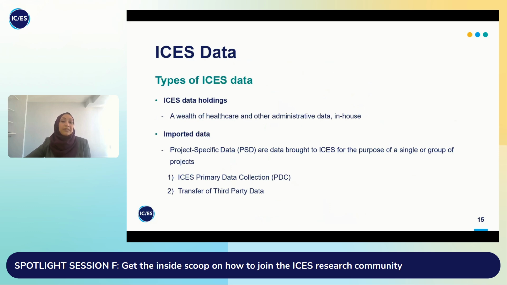These data are brought into ICES for the purpose of a single project or a group of projects to use. And these data can be collected through primary data collection at ICES. So an example of that would be conducting a hospital chart abstraction study. So if it's say a cancer project and the investigator wanted more complete information on tumor stage because our administrative data was missing that information, that's where you would conduct like a hospital chart abstraction study.